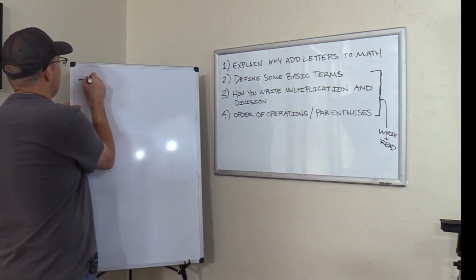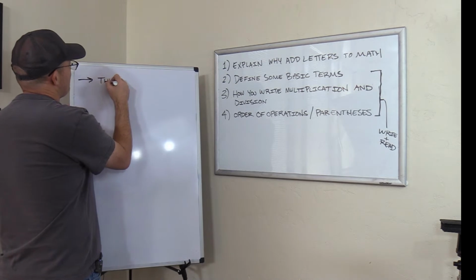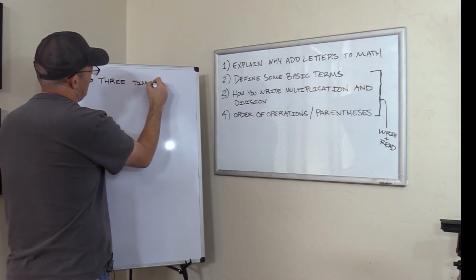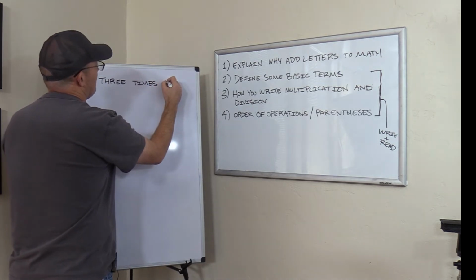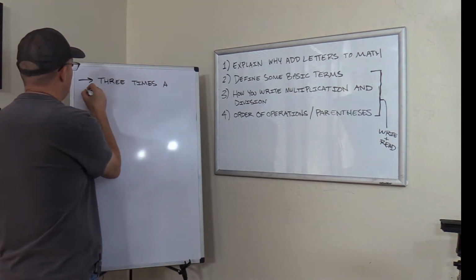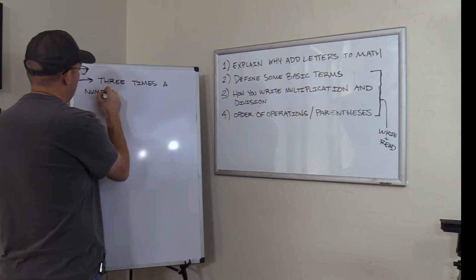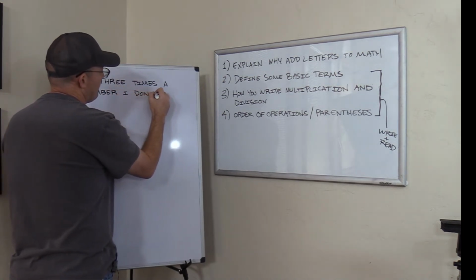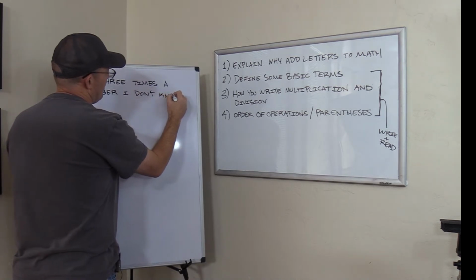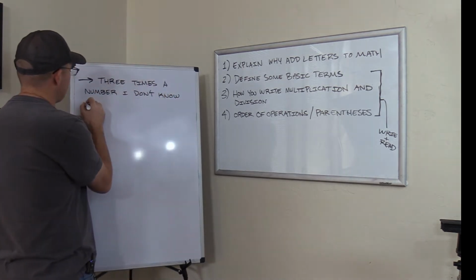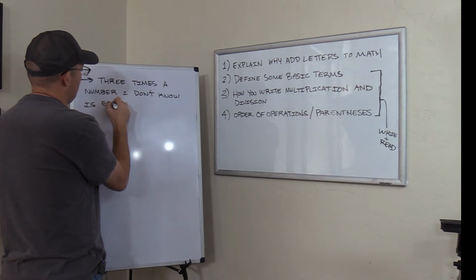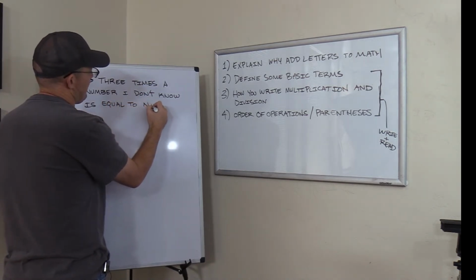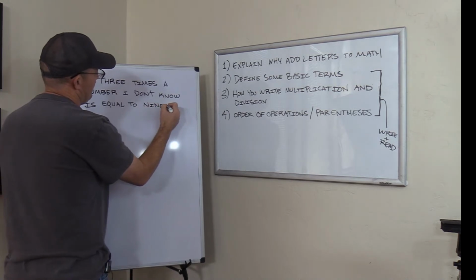We could say 3 times a number I don't know is equal to 9. That's the long way to write out this math problem in English.